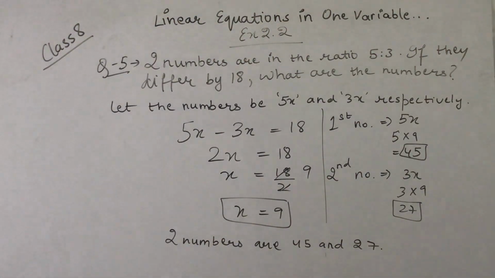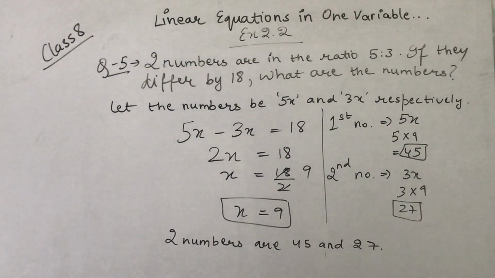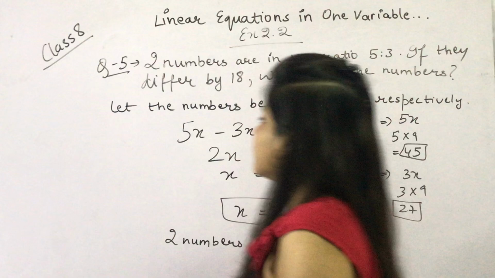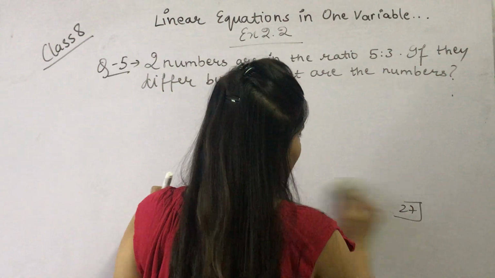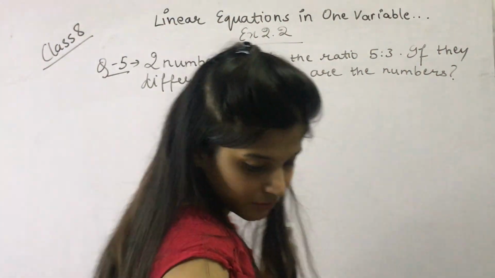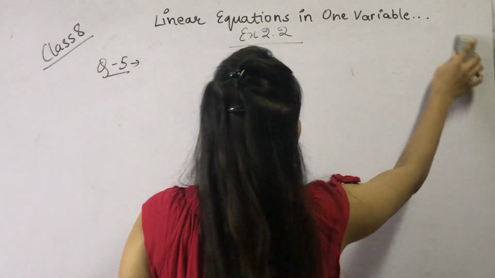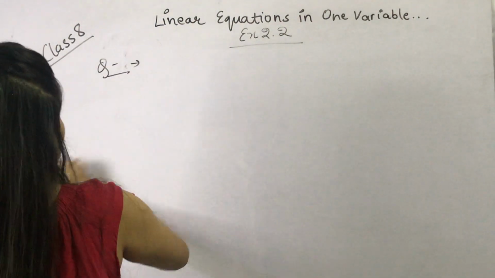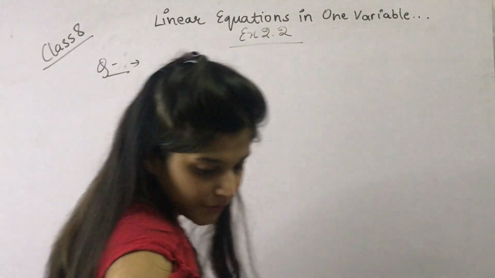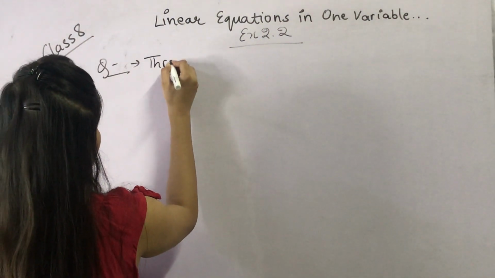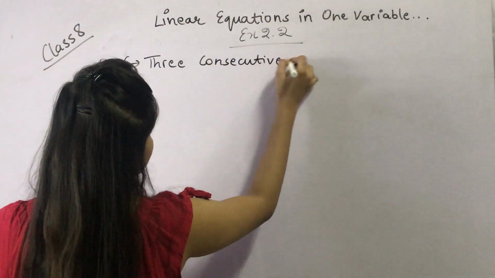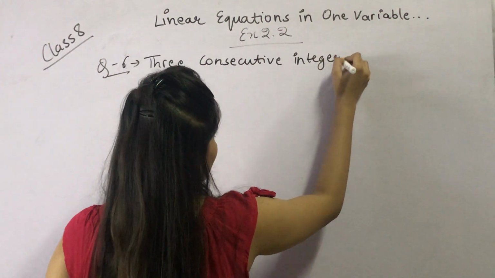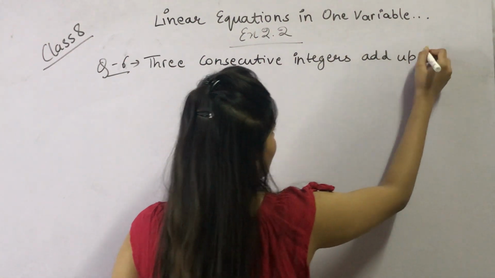Now let's come to the next question. Question number 6 is: three consecutive integers add up to 51.